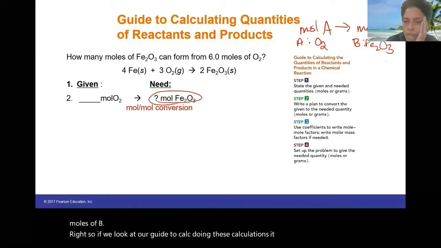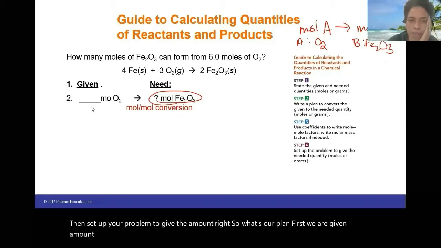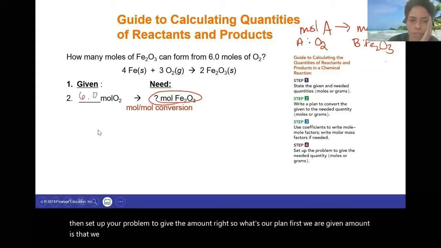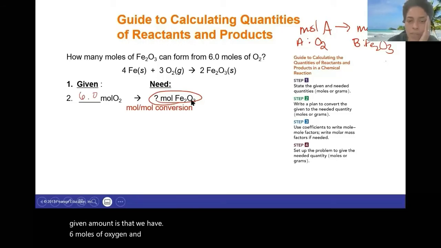Step 2, write a plan to convert the given to the needed quantity, and then use coefficients to write mole-to-mole factors or write molar mass factors if needed, then set up your problem to give the amount, right? So what's our plan? First, our given amount is 6 moles of oxygen, and we need moles of iron. So we're going from mole of A to mole of B, right?